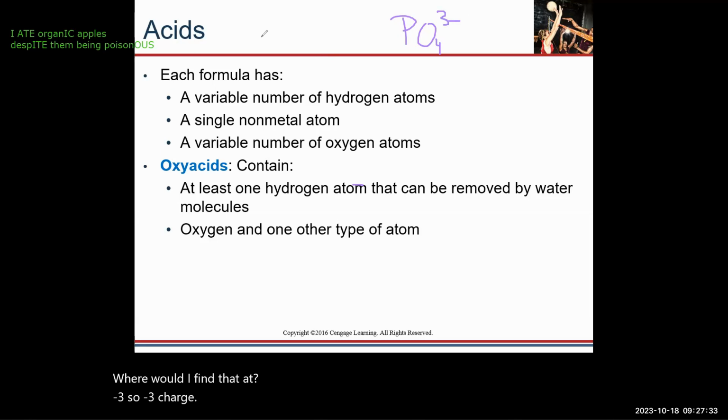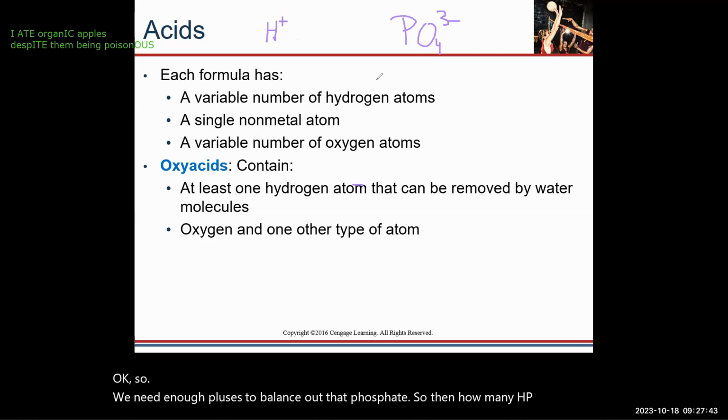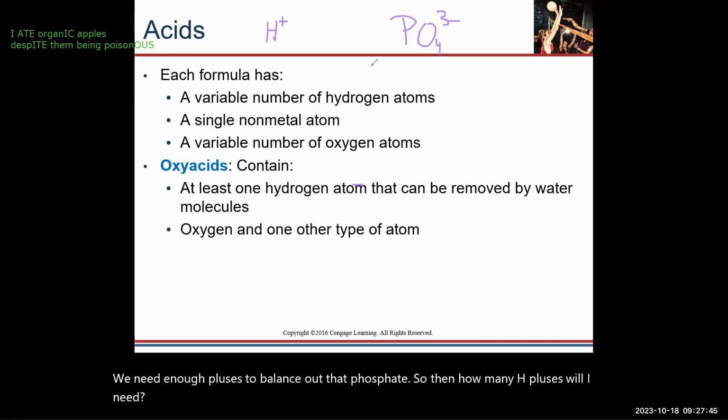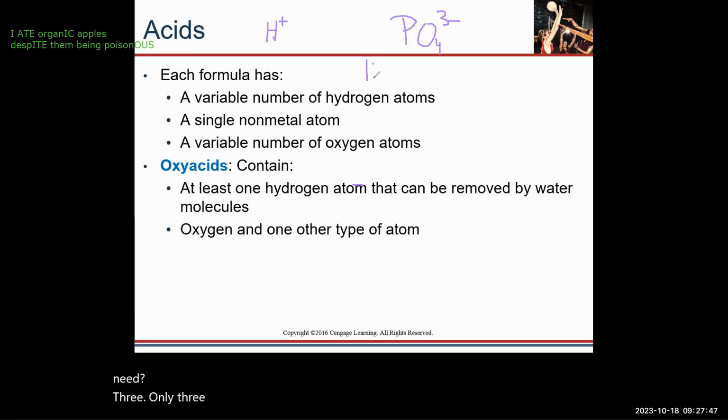Okay, so we need enough H pluses to balance out that phosphate. So how many H pluses will I need? 3. I'll need 3. So when we write our formula, it's going to be H3PO4, and we want to put aq to let us know that it's an acid.